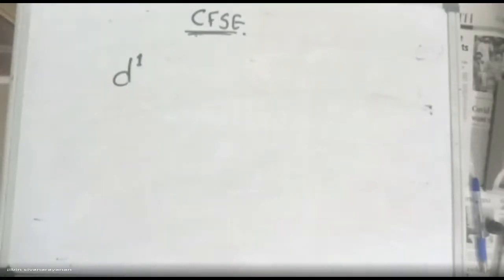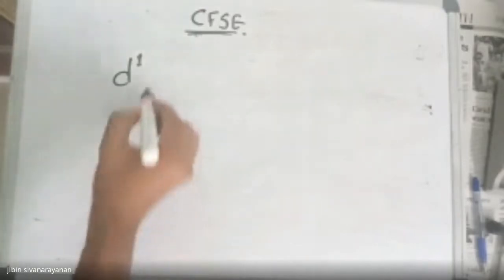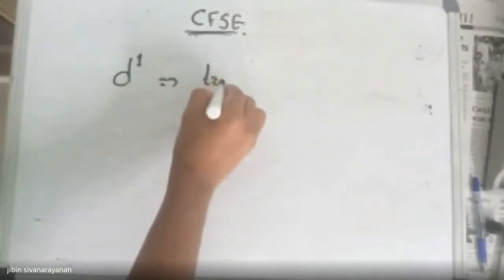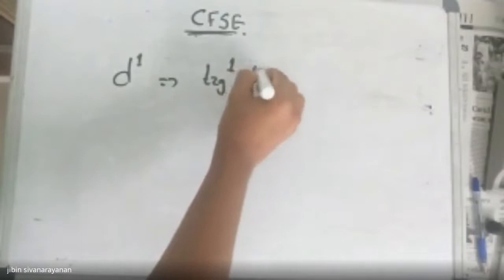Only one electron is there, so it always goes to the lower energy orbital. There is no meaning in saying it is a high spin or low spin complex. So this is simply t2g1 eg0.